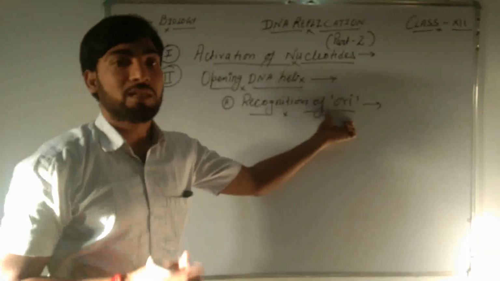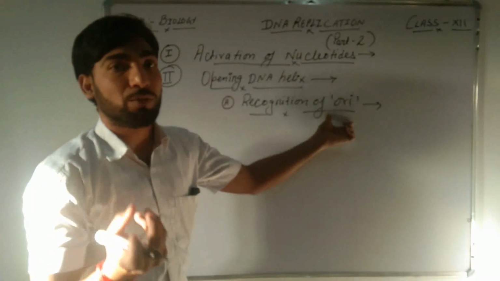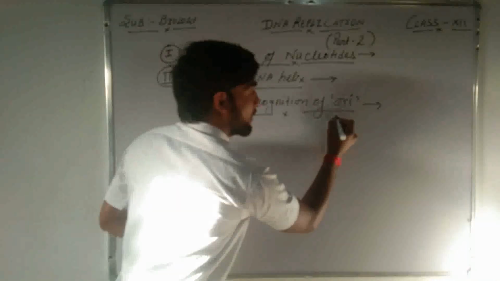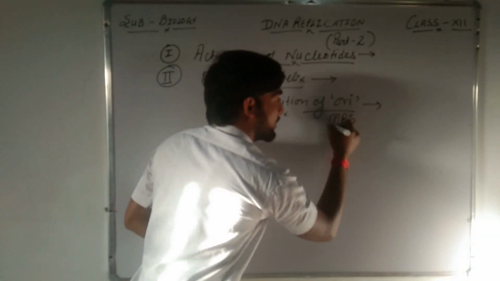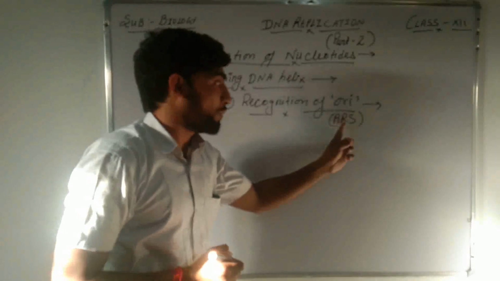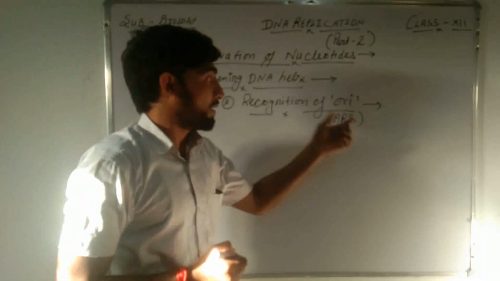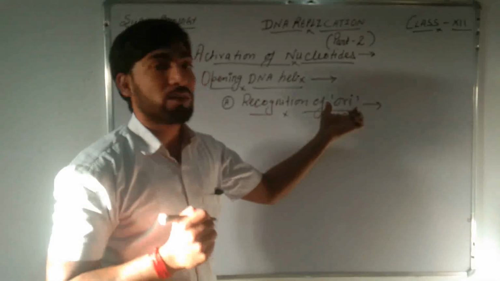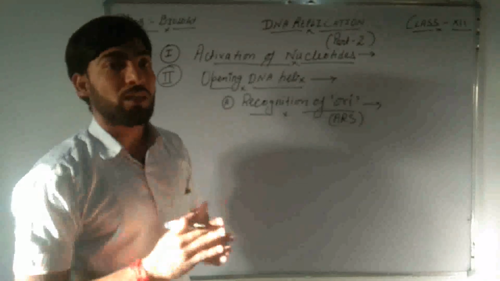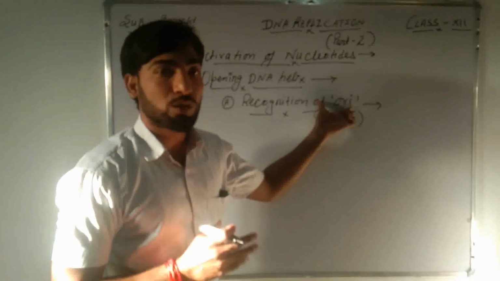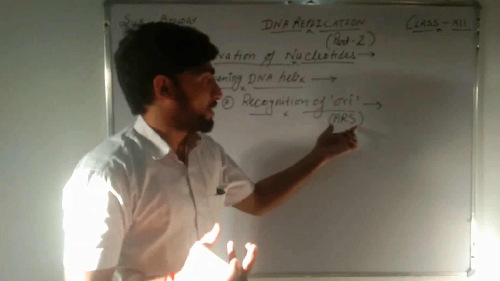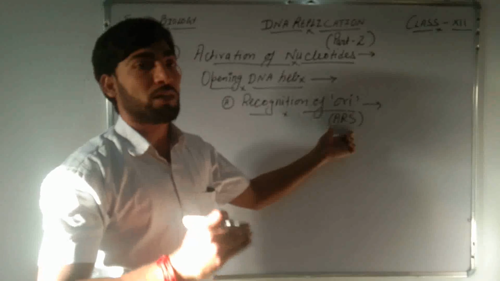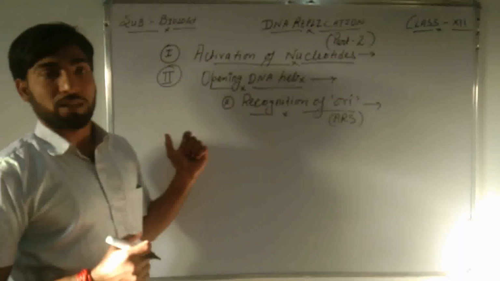Now, this ori is a sequence of some specific nucleotides, and it contains ARS, that is autonomic repeating sequences. Ori is the site in our DNA from where the process of DNA replication starts.